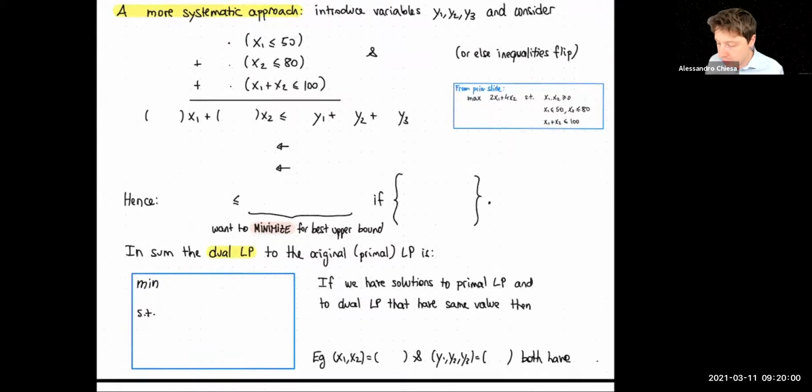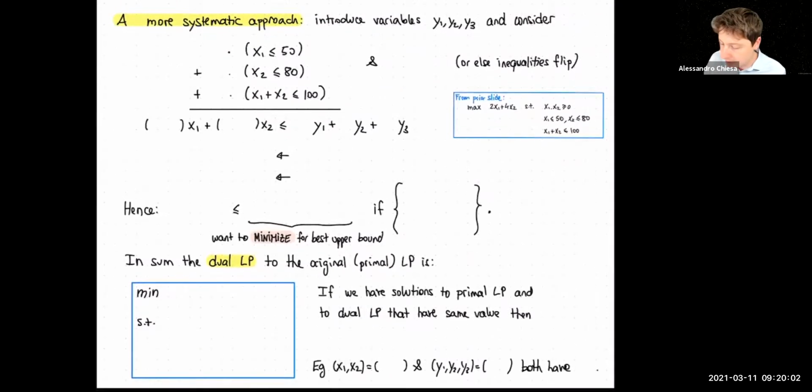So let's give them a name. We're going to introduce variables y1, y2, and y3. And we're going to consider a generic expression, which is y1 times the first constraint, y2 times the second constraint, and y3 times the third constraint.